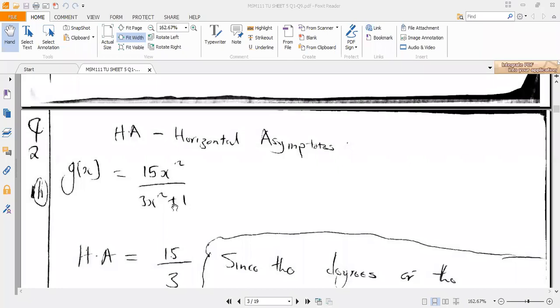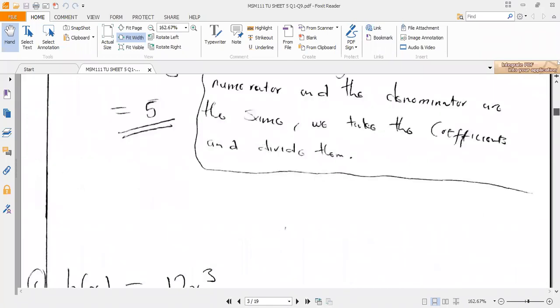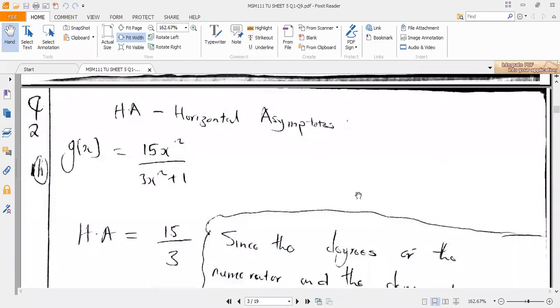We don't concentrate much on the constant, because it won't change anything; anything big plus a small number like 1 will still be big. So we concentrate on the powers, x squared and x squared, and the coefficients: 15 over 3, which gives us 5. That 5 is what we call our horizontal asymptote.